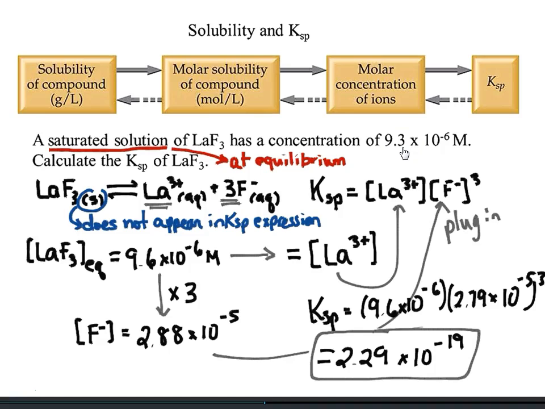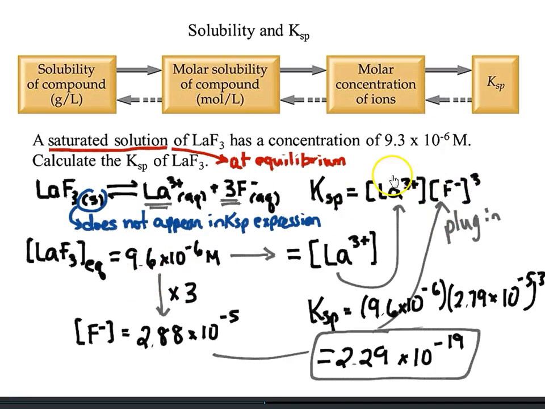Now, if you're using 9.6 times 10 to the minus 6, like I accidentally did here, when you multiply that by 3, you do get 2.88 times 10 to the minus 5, like it shows here. And then if we cube that, and we multiply it by 9.6 times 10 to the minus 6, that does give you 2.29 times 10 to the minus 19, which would round to 2.3 times 10 to the minus 19.